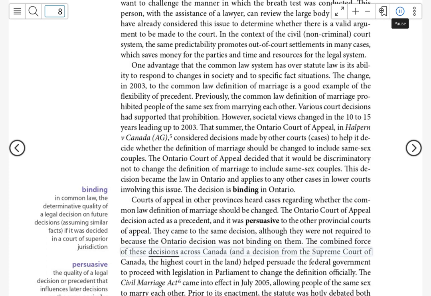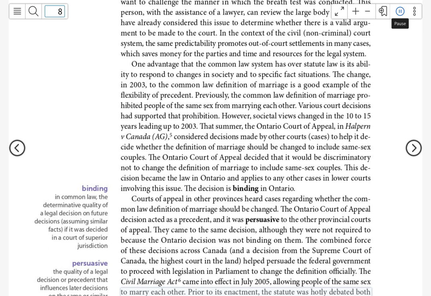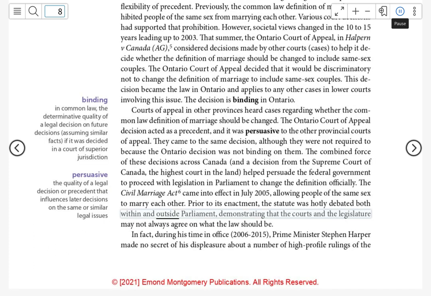The combined force of these decisions across Canada, and a decision from the Supreme Court of Canada, the highest court in the land, helped persuade the federal government to proceed with legislation in Parliament to change the definition officially. The Civil Marriage Act came into effect in July 2005, allowing people of the same sex to marry each other. Prior to its enactment, the statute was hotly debated both within and outside Parliament, demonstrating that the courts and the legislature may not always agree on what the law should be.